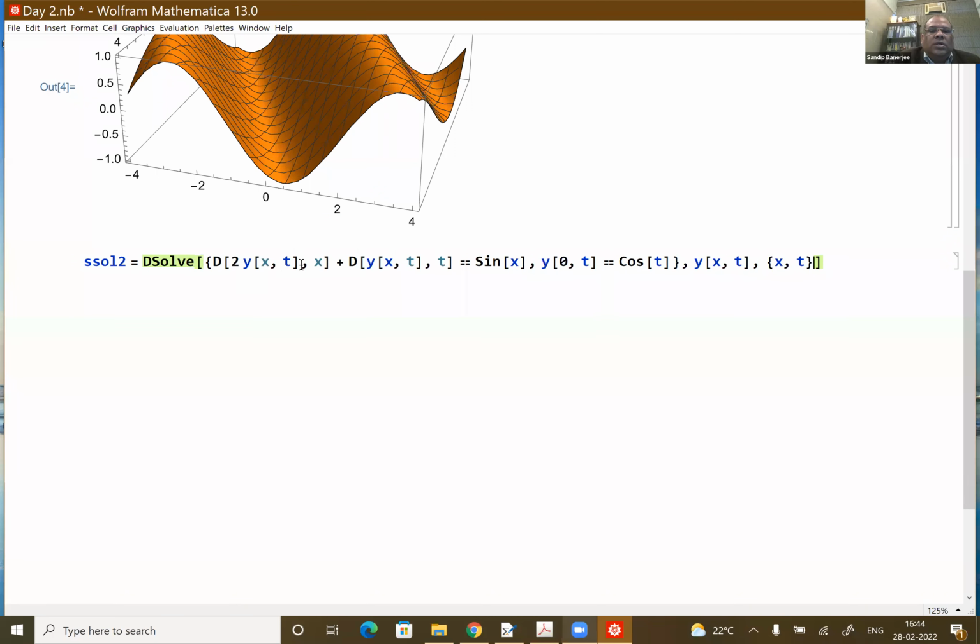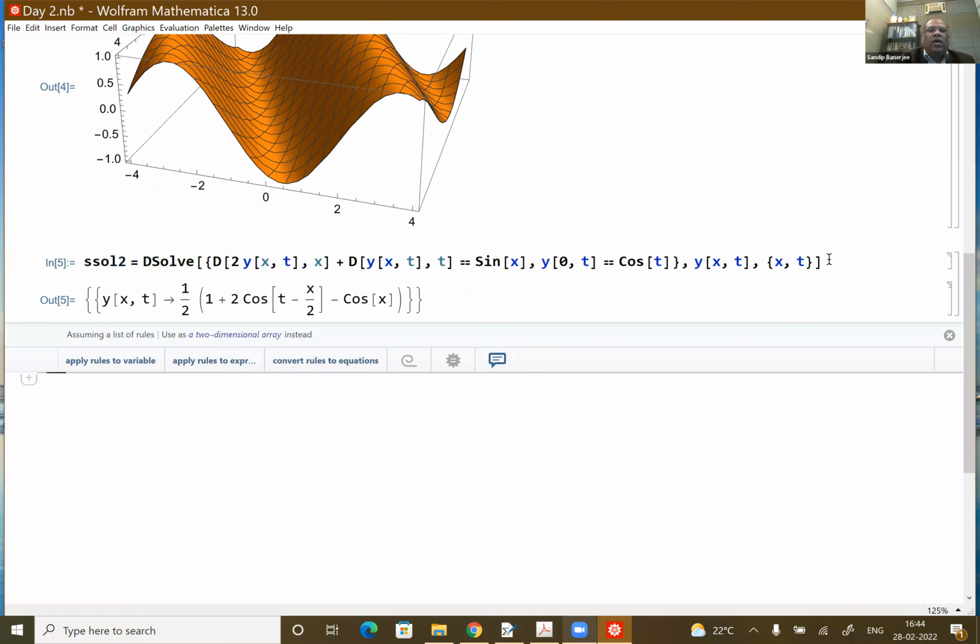So this is with respect to x, 2 times del y del x plus del y del t equal to, say, sine x. y[0, t] is cos x, and this syntax. And you get some solution.